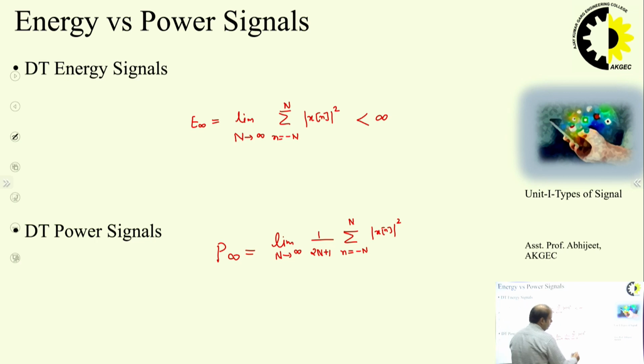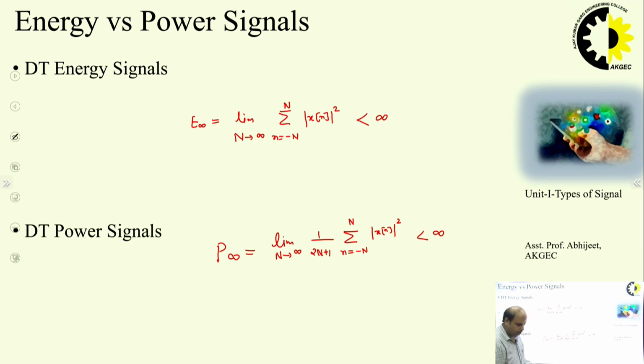If this comes out to be a finite value, the signal is a power signal. In this case also, the periodic signals will always be power signals. Truncated signals will be energy signals. Signals which are not periodic may be energy, may be power, depending on the mathematical formulation of the signal. This is how we evaluate.